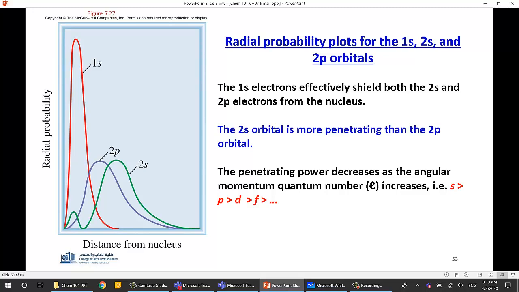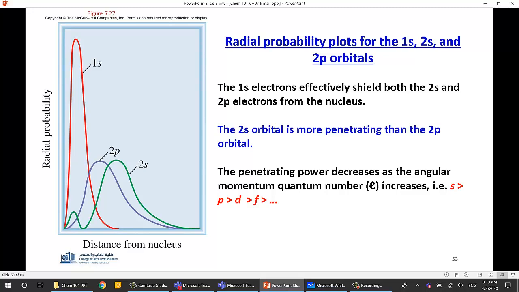Now, I want you only in this graph to focus on the 1s and the 2p orbitals, the red line and the blue line. The 1s, which is the red line, starts from 0. That means the electron does not exist in the nucleus, which is 0 distance from the nucleus. So inside the nucleus, there are no electrons. The probability jumps quickly, just a few angstroms from the nucleus. It goes up and it goes down.